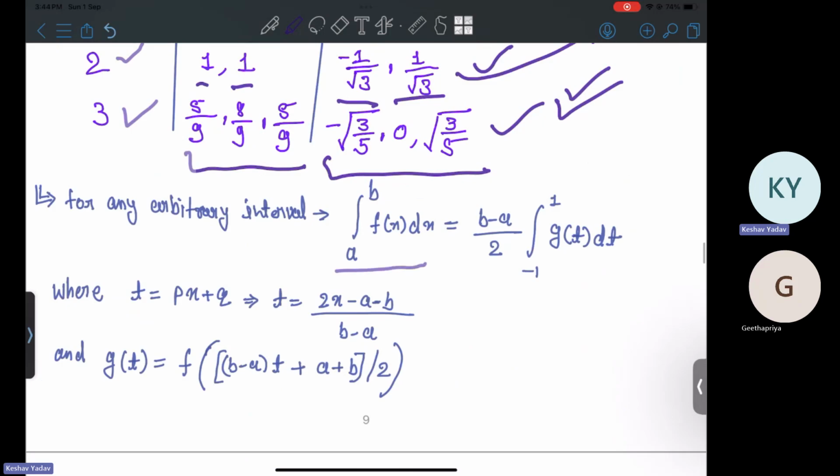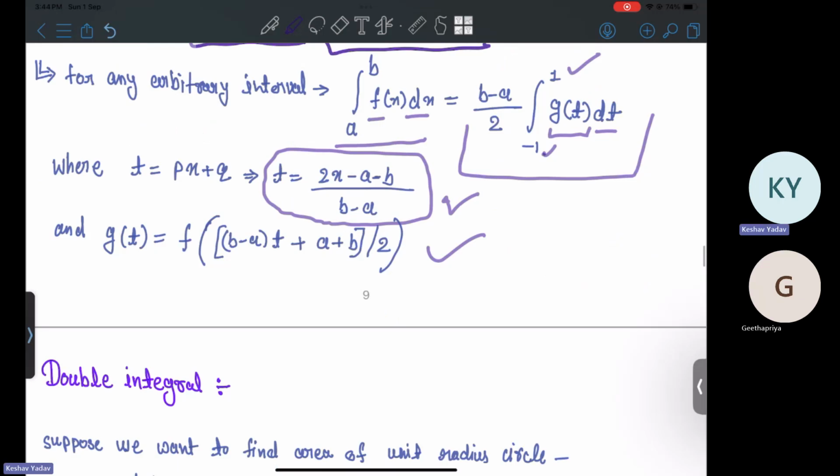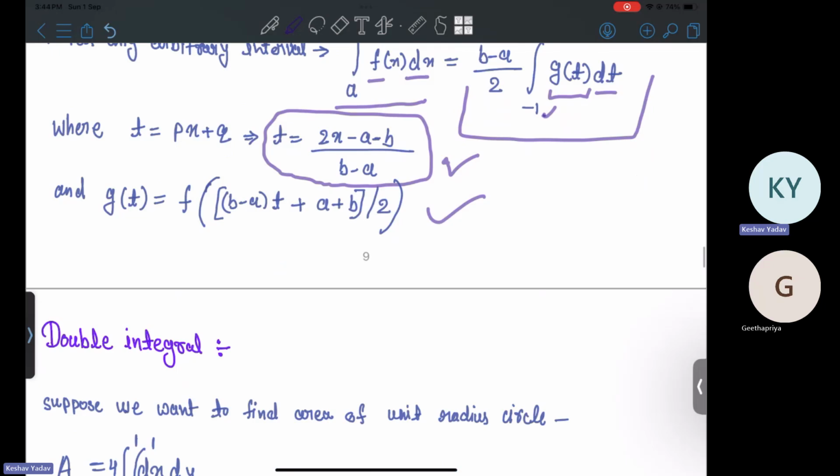This arbitrary interval, integral of f of x dx from a to b, can be changed to integral from minus 1 to 1 of g(t) dt, multiplied by (b minus a) by 2, where t will be equal to (2x minus a minus b) divided by (b minus a). By using these two substitutions, we can convert any arbitrary interval to minus 1 to 1. Okay.